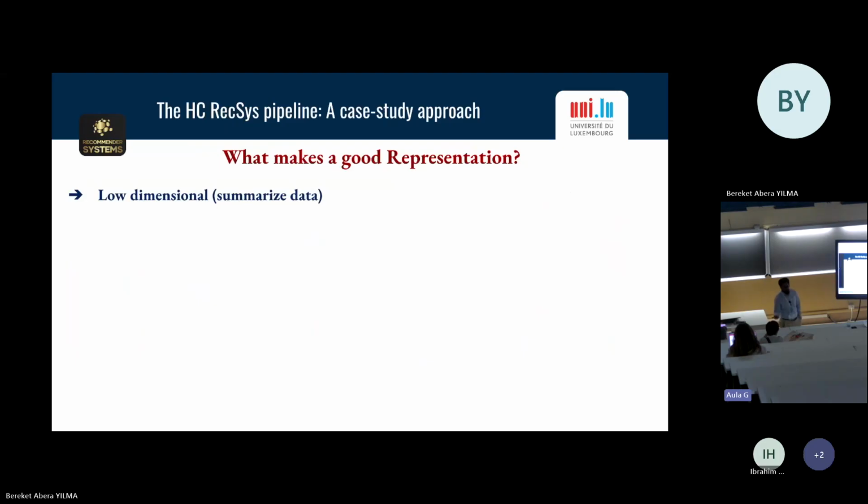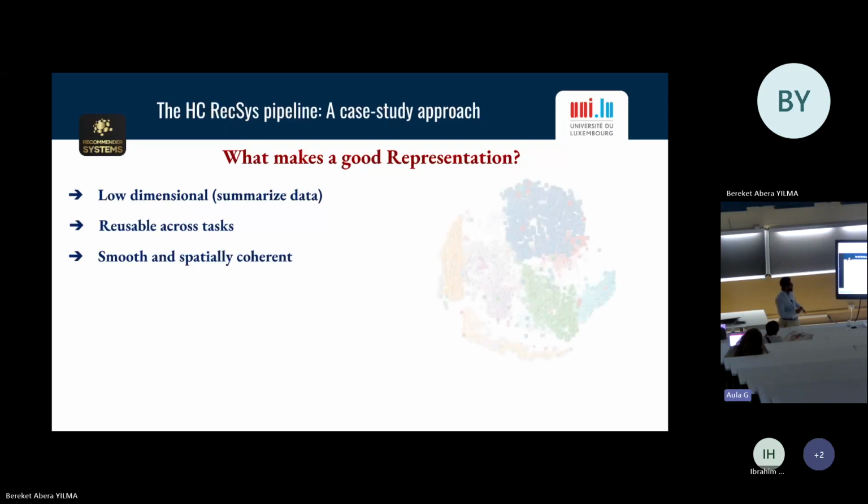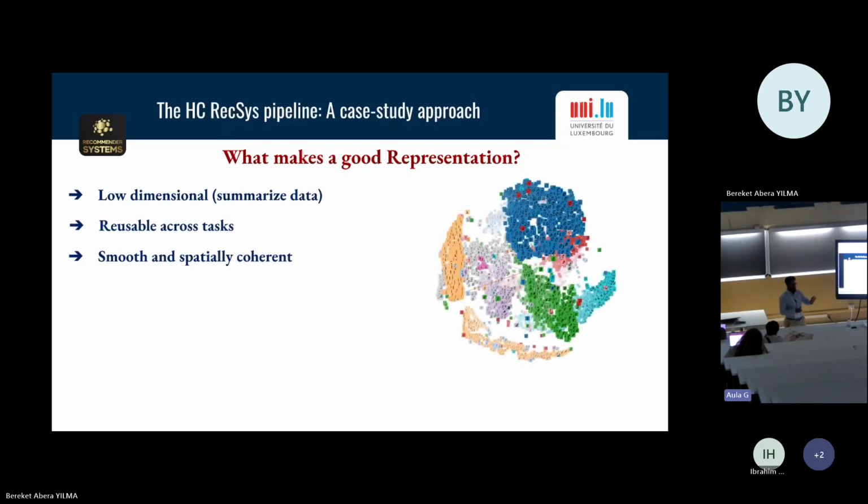We want it to be a summary of our input data, and we want it to be reusable across different tasks. And also, we want it to be smooth and spatially coherent. This essentially means as you are searching this space for search and retrieval, you want a smooth transition between items that are semantically closer or related.